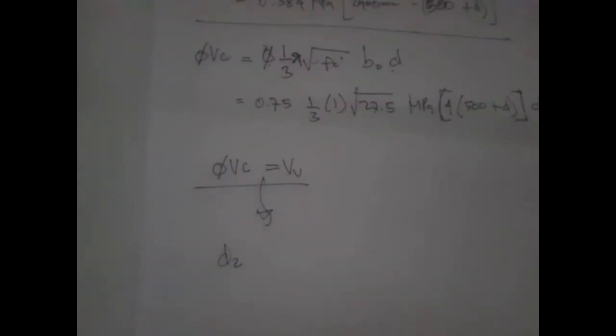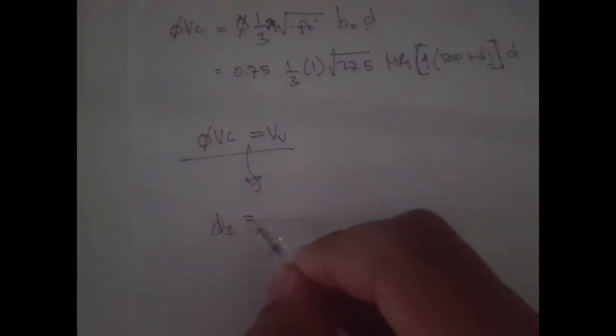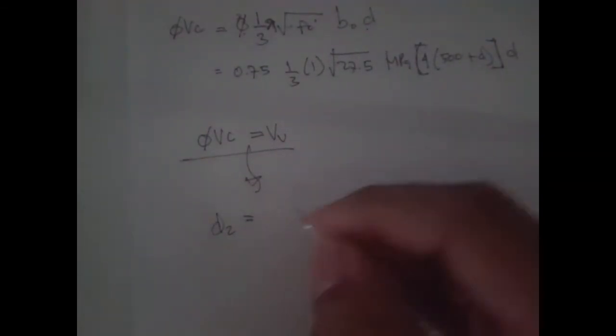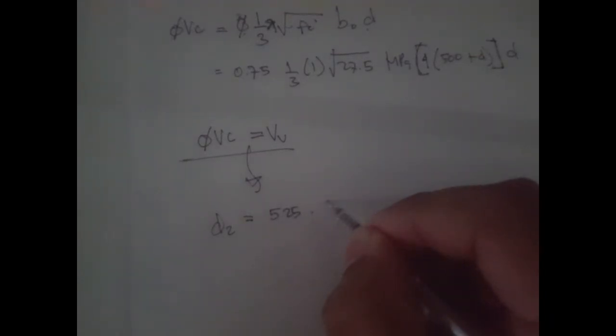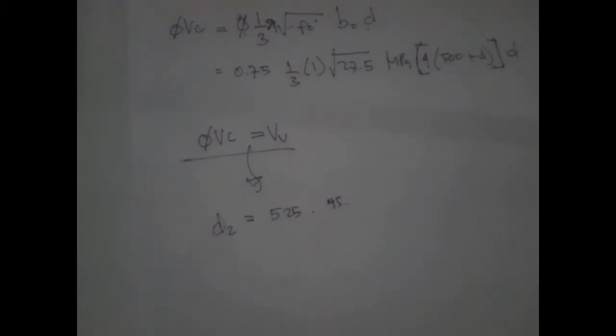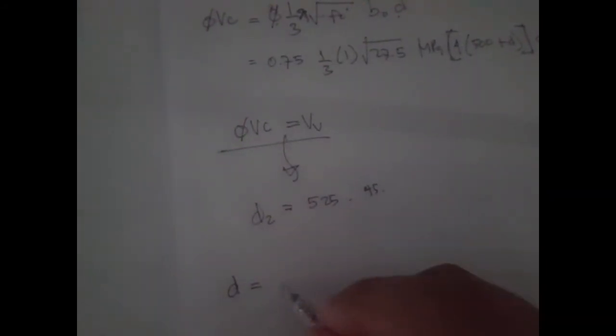So we have a d of 525.45. Meaning that d would be the max of d1 and d2. What is our d1?